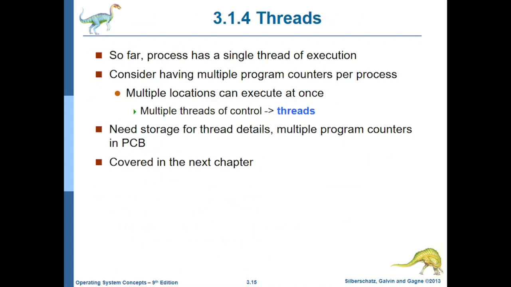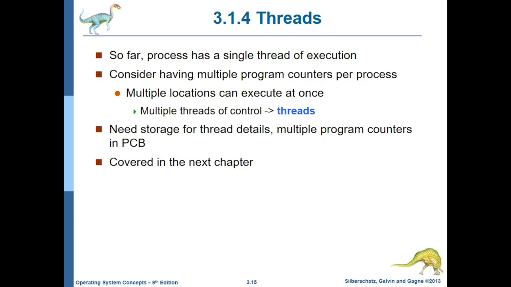In this section, we will learn about threads, which are a way of having multiple program counters per process. A program counter is a register that stores the address of the next instruction to be executed by the CPU. A process is a program in execution which has a single thread of execution by default.